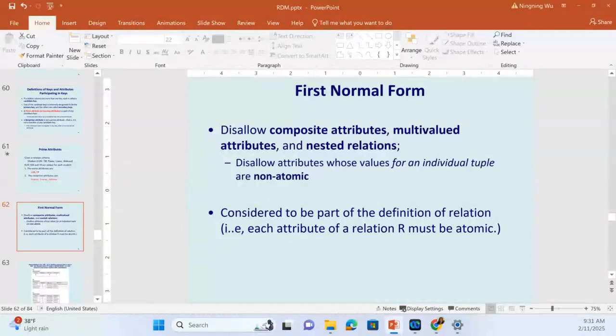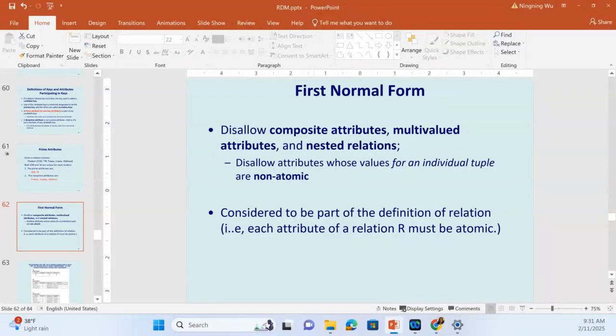For example, in a database design, when we record a person's name, there are at least two ways to do it. One is that we use name as an attribute, and within that name we have three components: first name, last name, and middle initial. In this case, the name attribute is considered composite.